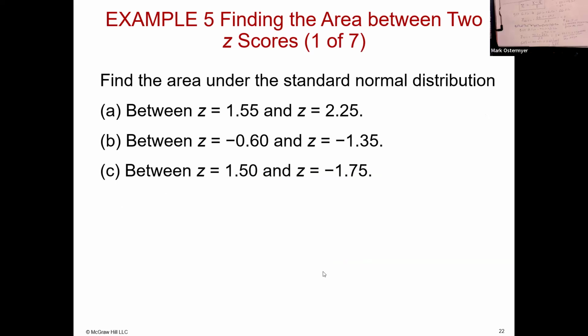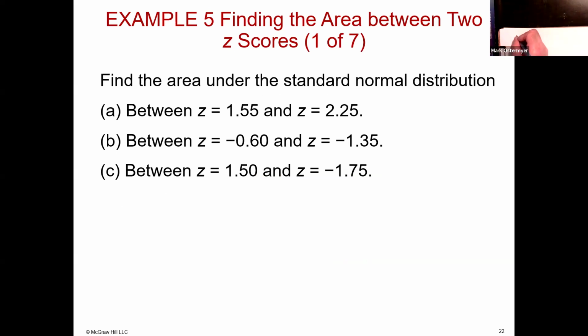All right. Now, for these examples here, they want us to compute the area under the standard normal probability distribution curve between two z values. And I'm going to show you how to use this calculator to do that.